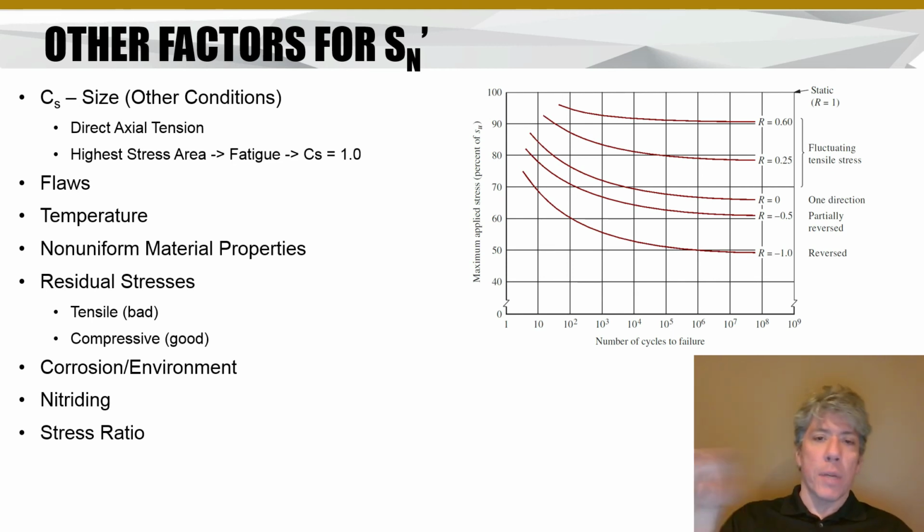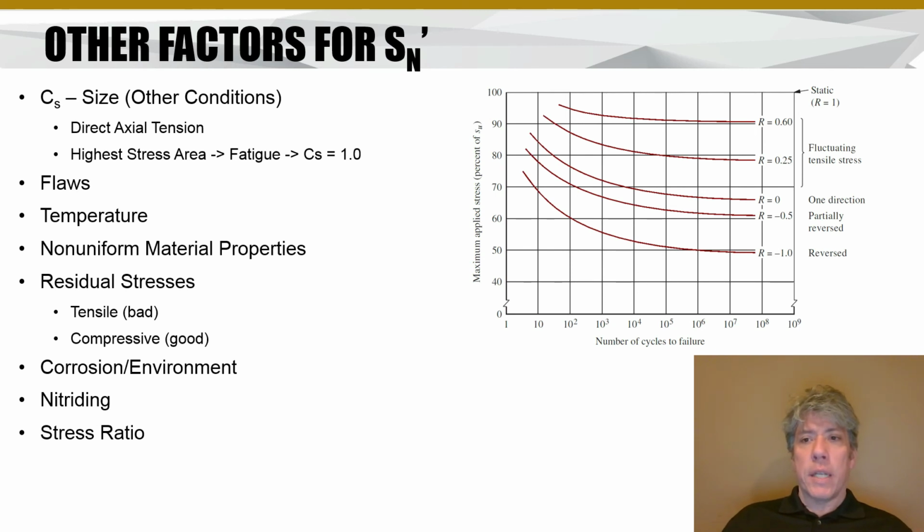And so that's the upper line of this figure. There's no effect on the stress, the ultimate stress the material can take. And notice we've got ultimate stress on the vertical axis.